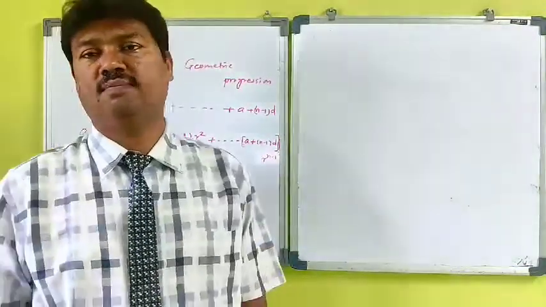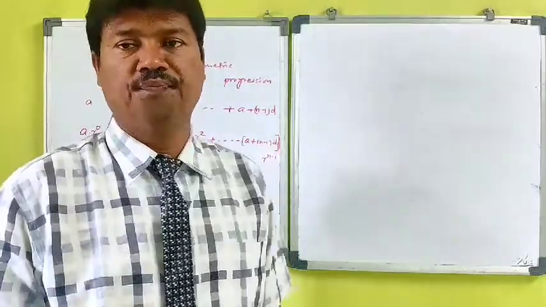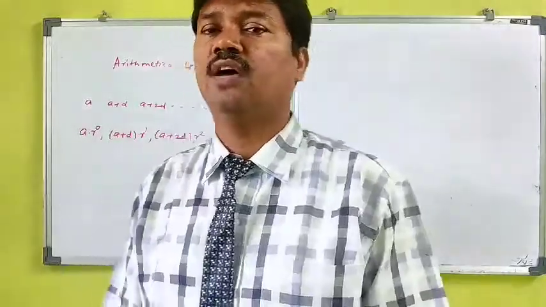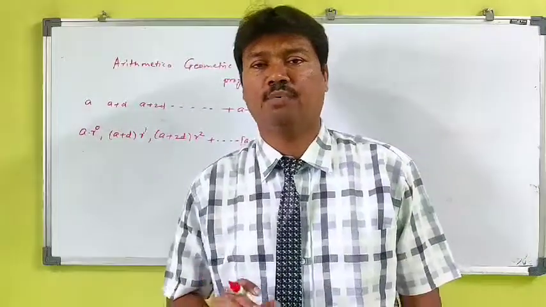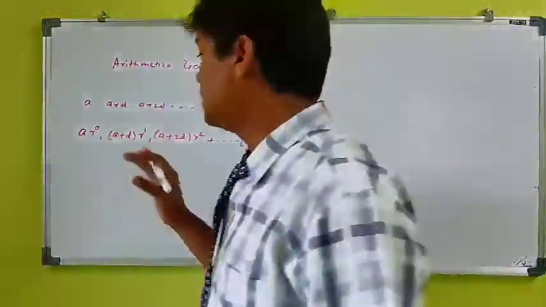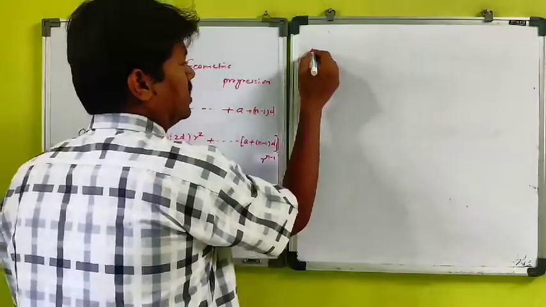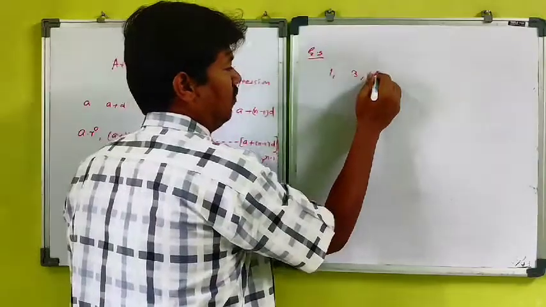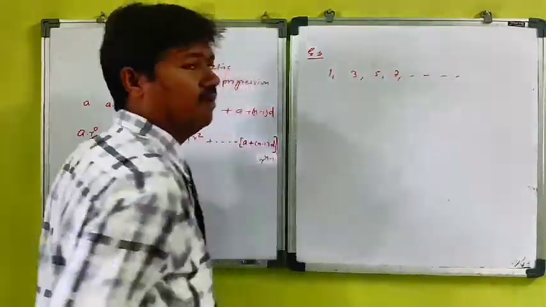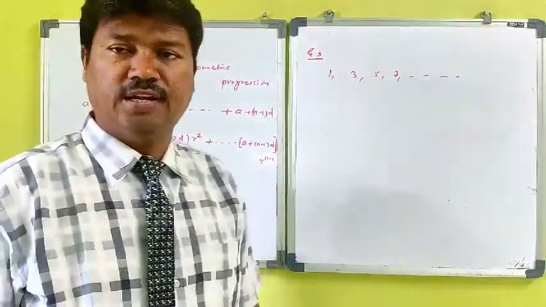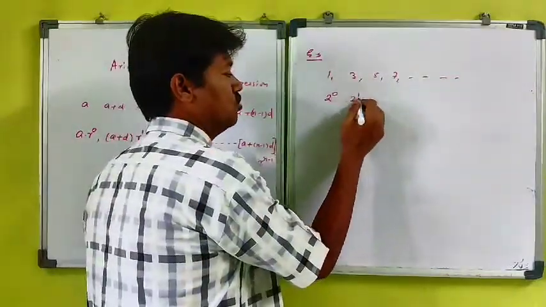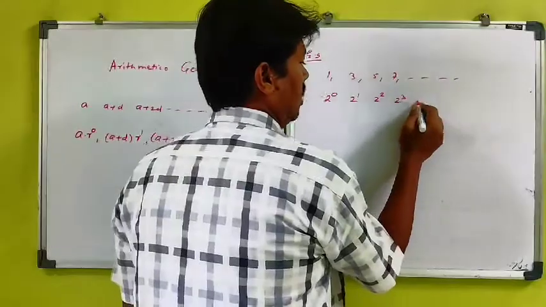So how to find the sum of AP-GP? That's the basic question asked. The question is how to find the sum of arithmetico geometric progression. An example of this type of sequence: 1, 3, 5, 7, these are our normal arithmetic progression, and say 2 as a common ratio, so 2 raised to 0, 2 raised to 1, 2 raised to 2, like this.